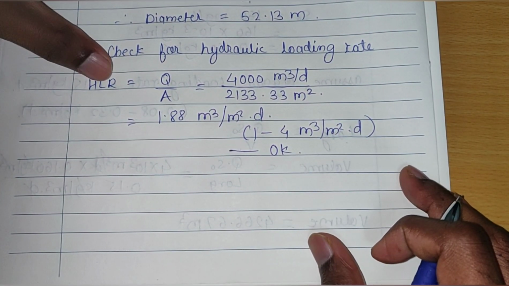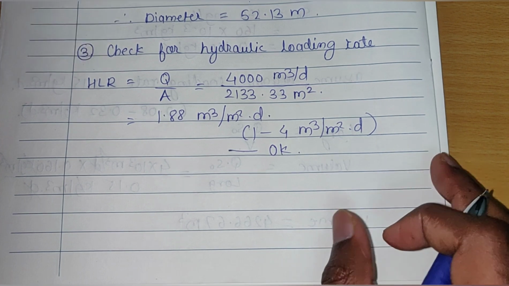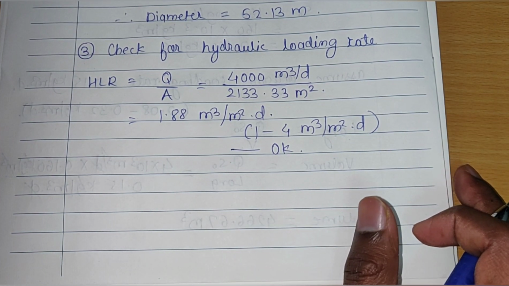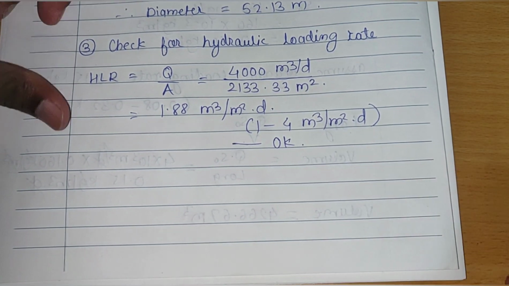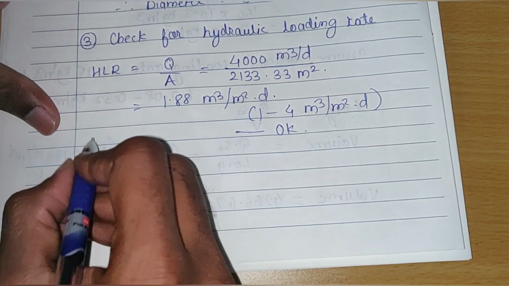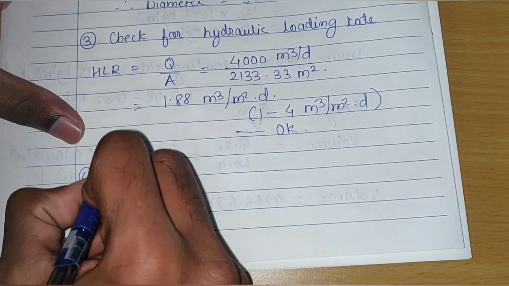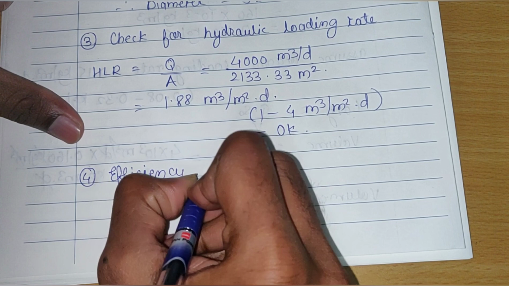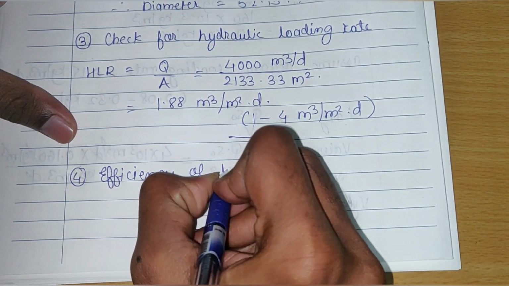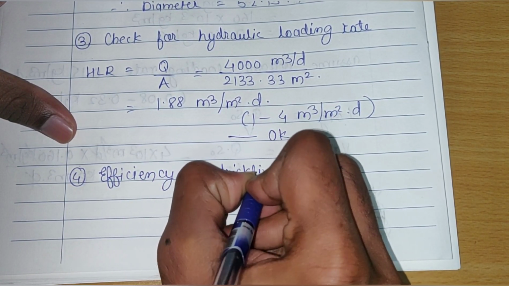This is the check. Now in the numerical we also have to find the efficiency of the trickling filter. So next, efficiency of trickling filter.